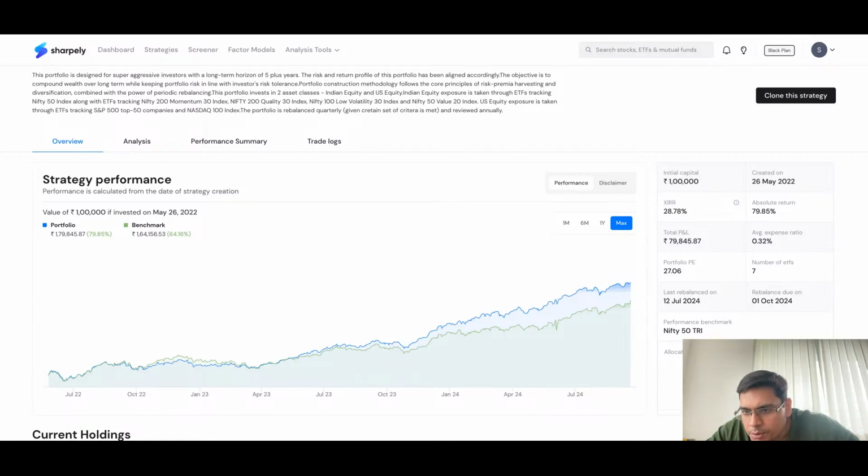Please introduce personal portfolio holdings that accommodate stocks, ETFs, mutual funds that are invested externally. Yeah, that's in the pipeline. We've not launched it yet, but you can directly import your stock and ETF portfolios from your broker, and it will create something called a legacy strategy out of it.